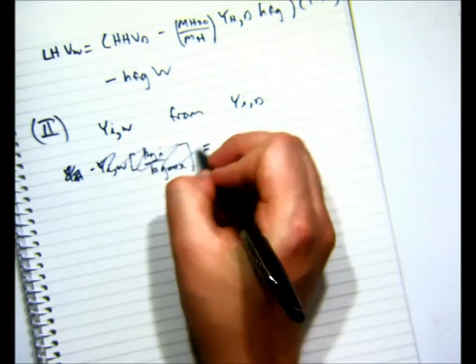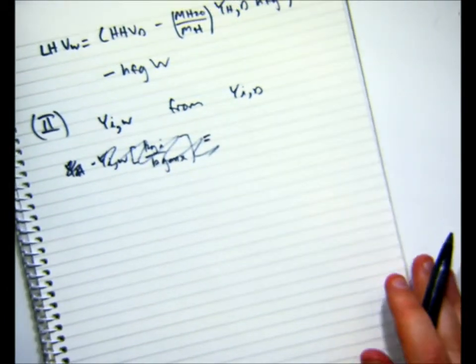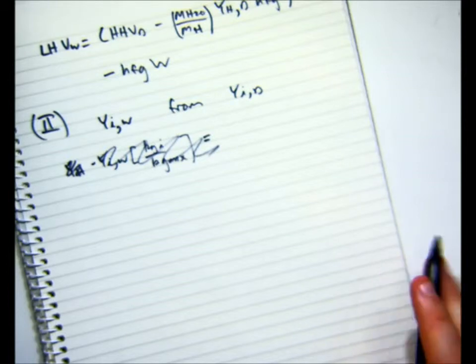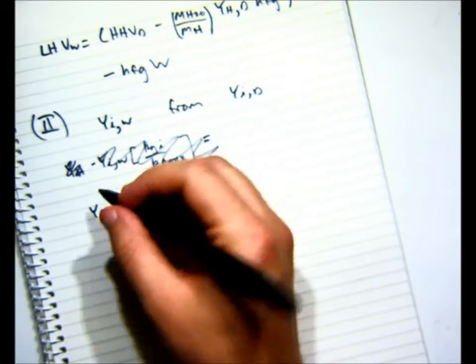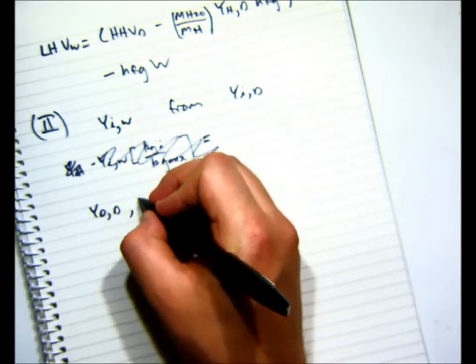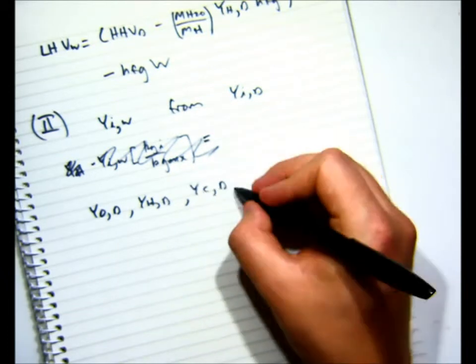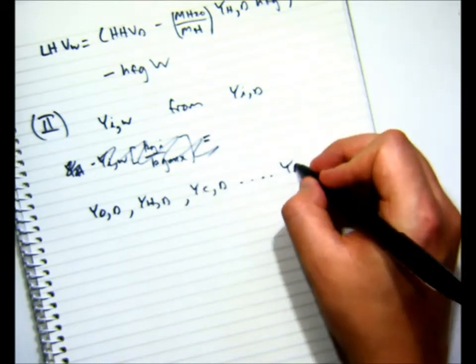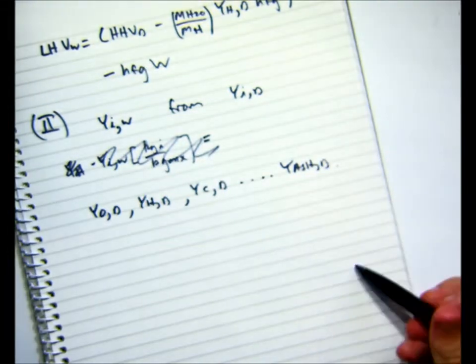Actually, I might approach this one slightly differently. Here we're looking to convert a bunch of different values: the oxygen mass fraction, hydrogen, carbon, a whole bunch of others, ash, from the dry basis to the wet basis.